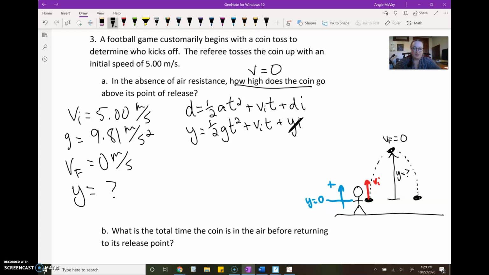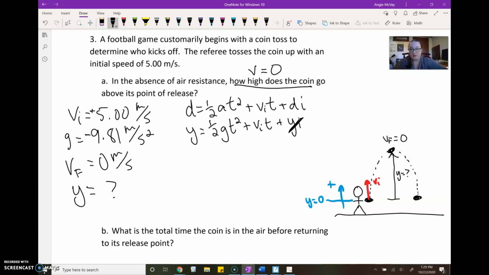The difference here now is that we do have some initial velocity for this. And we've got acceleration that is pulling down. The initial velocity is upward. Okay, so based on our definition of the direction, our initial velocity will remain positive, but gravity is pulling down.